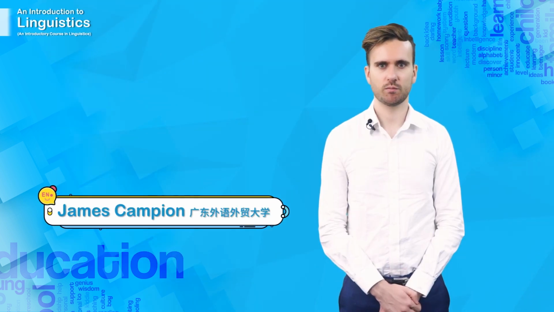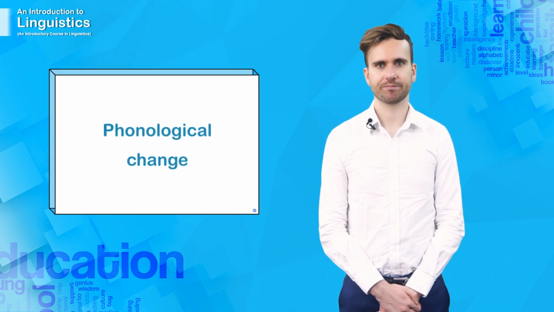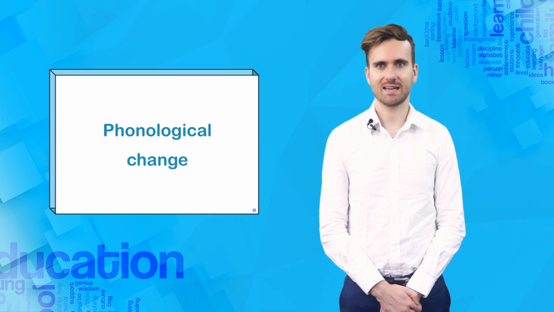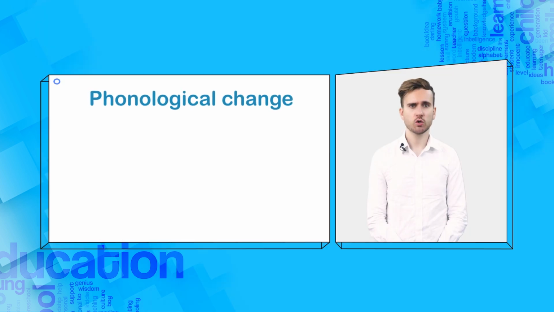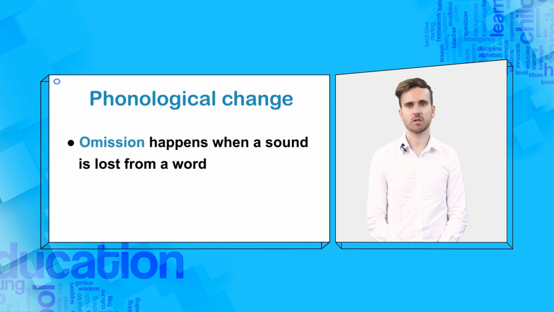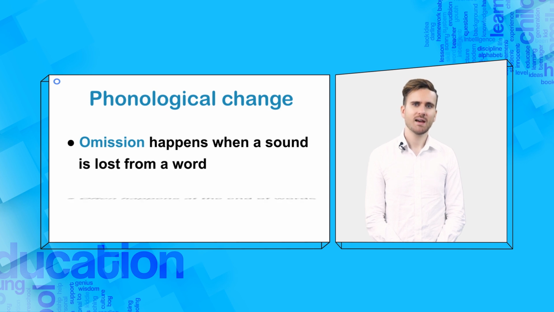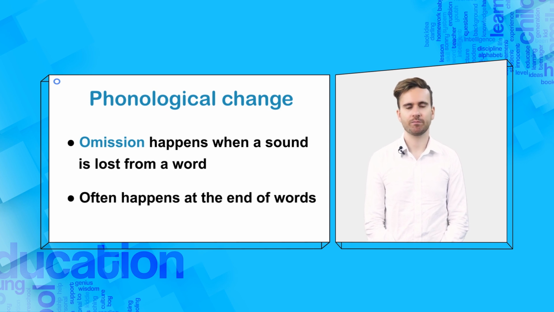Finally, the principle of least effort can explain phonological change, because some words have changed in order to become easier to say. Two main processes have taken place. Firstly, omission happens when a sound is lost from a word. This often happens at the end of words because this part of a word has the least stress.